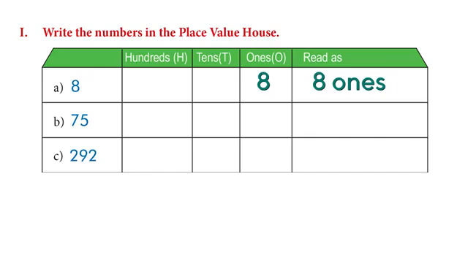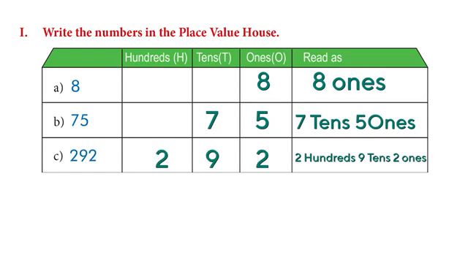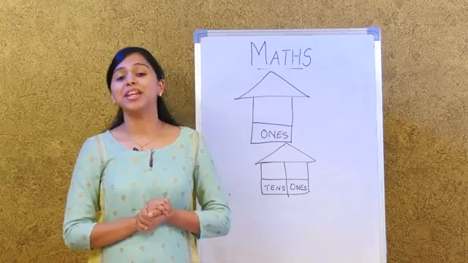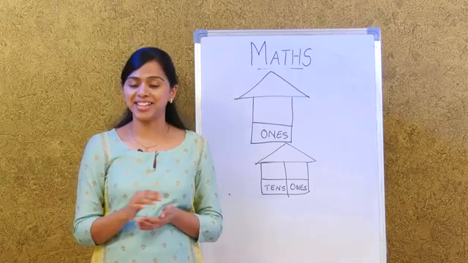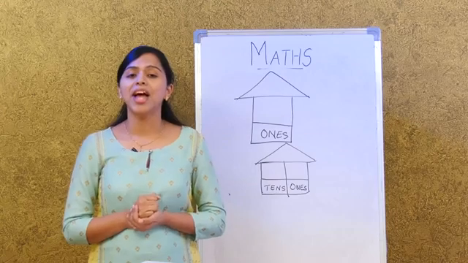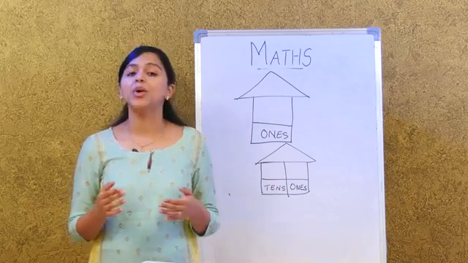And then we have number 75. 7 tens, 5 ones. That's how we read 75. Let's try 292. 2 hundreds, 9 tens and 2 ones. Very good. Now you try out the other numbers which are given on that page for yourself. Okay? And now the next activity, you have to color.